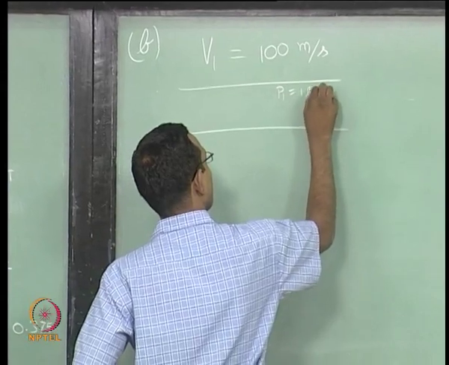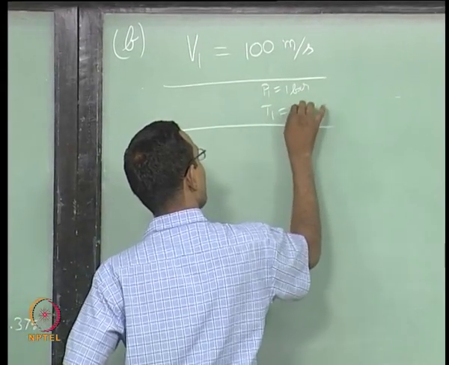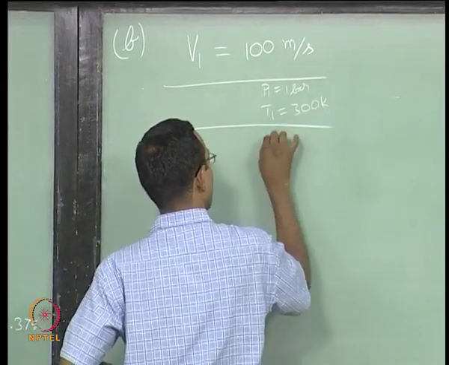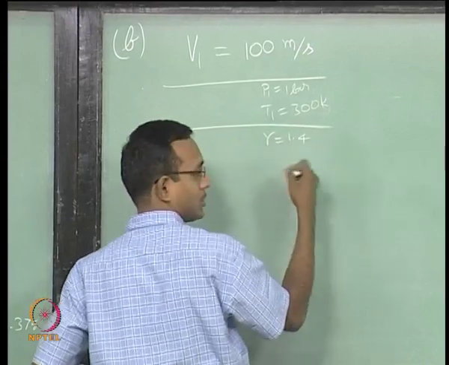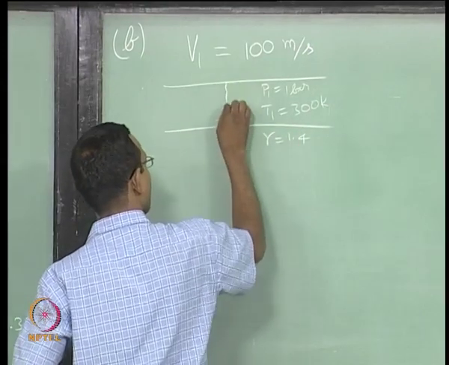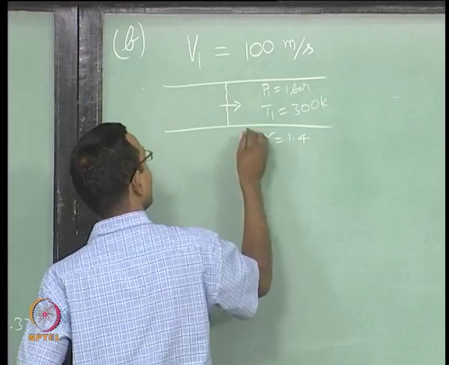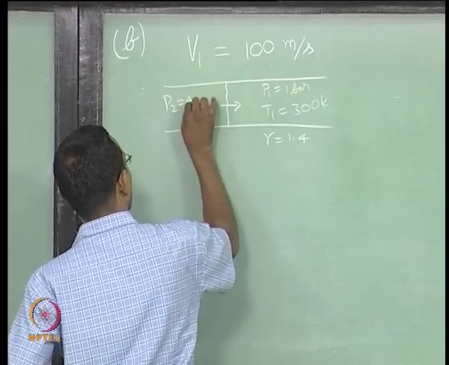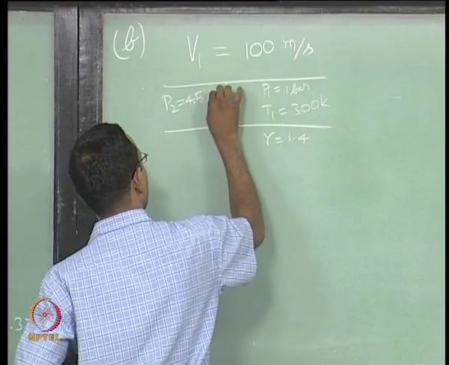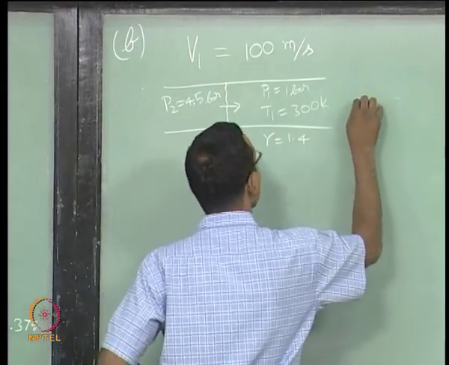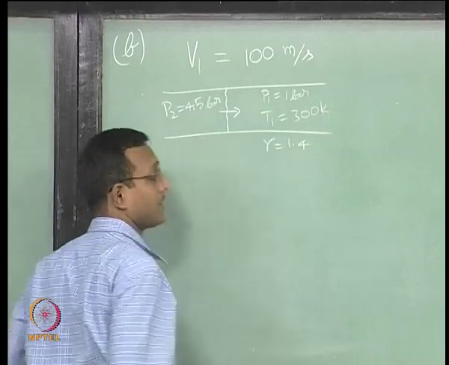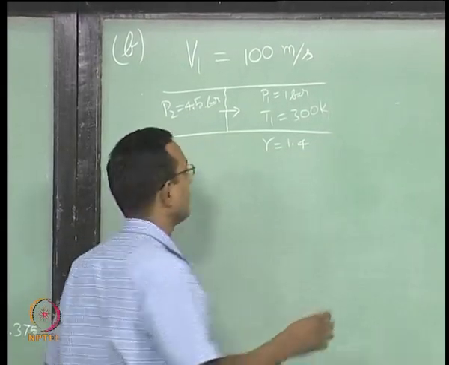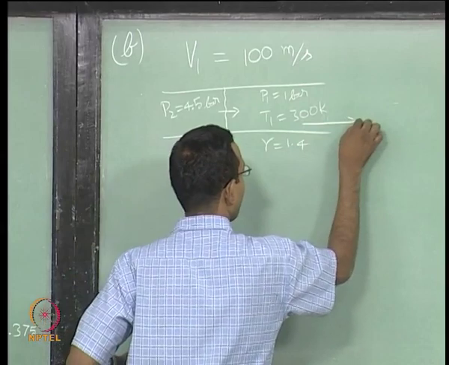P1 equal to 1 bar, T1 equal to 300 Kelvin, gamma equal to 1.4. It is air, so R is also 288.6. There is a shock moving, and P2 is given to be 4.5 bar, same problem as before, except for V1 is given to be 100 meter per second from left to right. That is, there is a velocity here already.